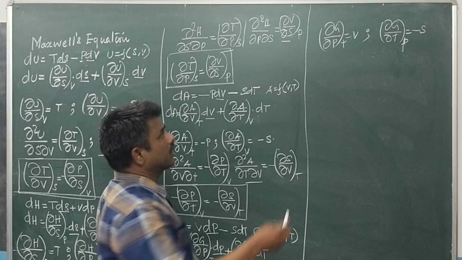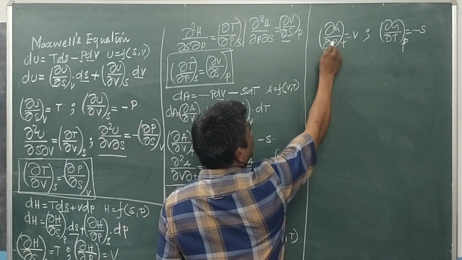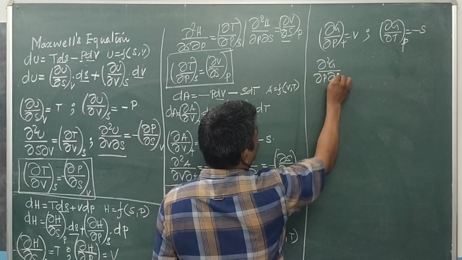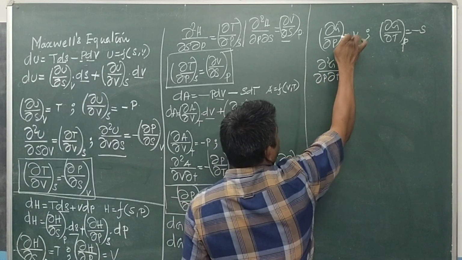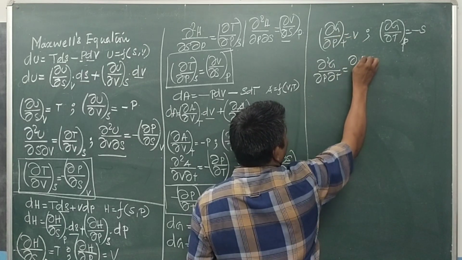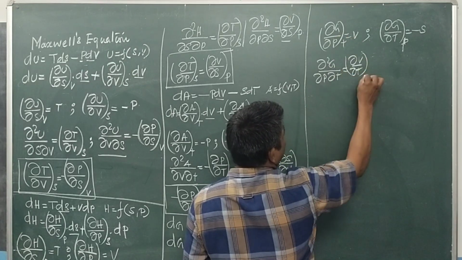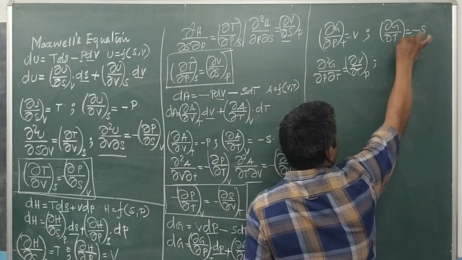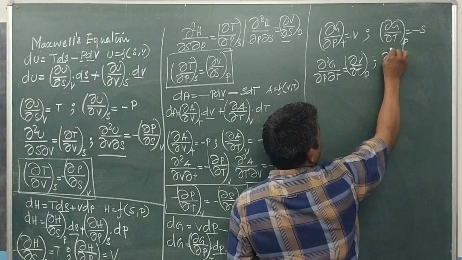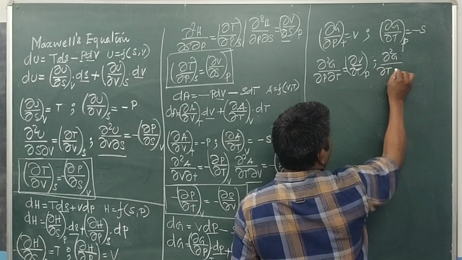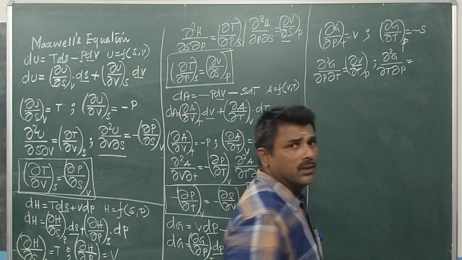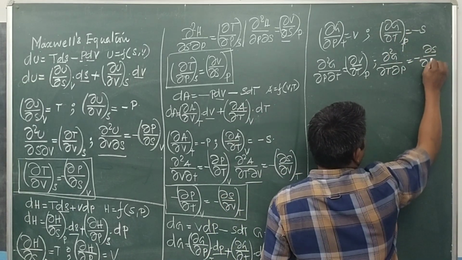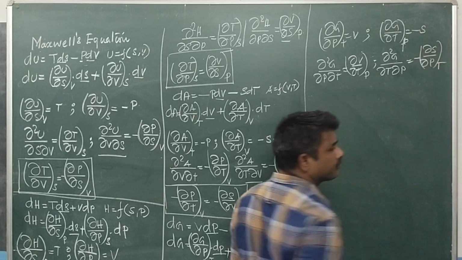Now second differentiation with respect to temperature at constant pressure. So dou square G divided by dou P dou T is equal to dou V by dou T at constant pressure. Similarly, second differentiation with respect to P at constant temperature is minus of dou S by dou P at constant temperature.